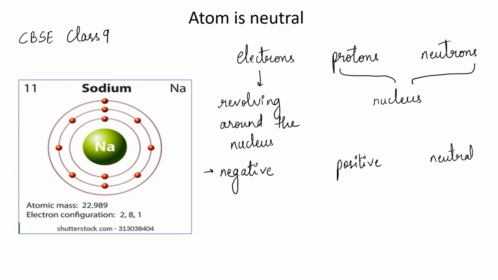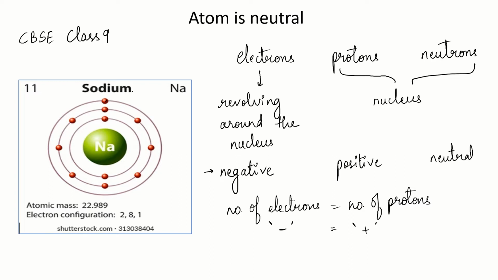Now in an atom, basically, the number of electrons is equal to the number of protons. So it means that the number of minus charges is equal to the number of plus charges. In this particular picture here, we are seeing sodium.